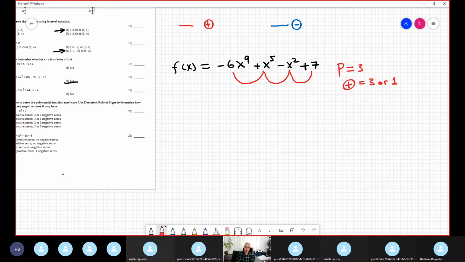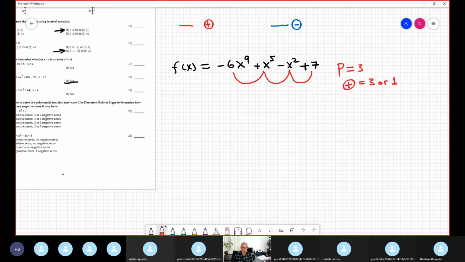You know, 3 minus 2 is 1. 1 minus 2 again is negative 1. Negatives have no sense. So Descartes says, okay, you have two possibilities: 3 positive zeros, or 1. I don't know exactly which, but this is the idea.